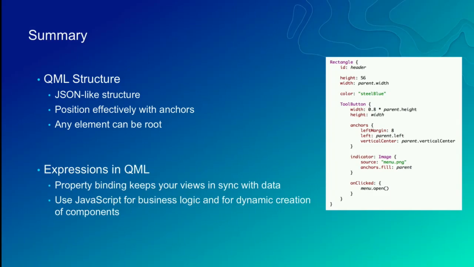We also looked at expressions in QML, and you've seen how you can use property binding to keep your data in sync with your views. And finally, we looked at how to use JavaScript expressions. You can use JavaScript for the business logic and for dynamically creating components on the fly.